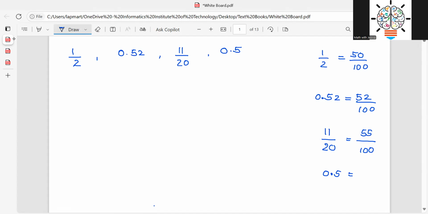All the fractions are out of 100 now. Therefore, I multiply it by 10 again, and it gives me 50 over 100. Now, children, I'll write the values: 50 over 100, then 52 over 100, then 55 over 100.